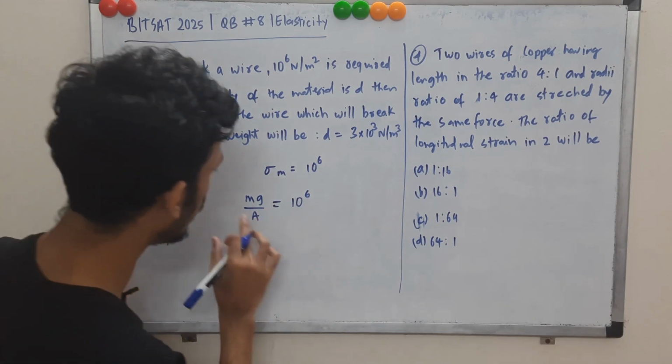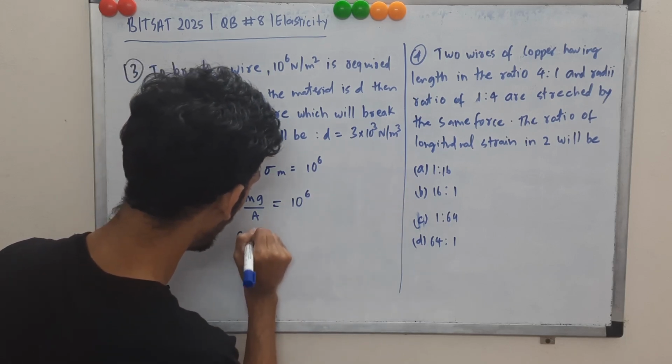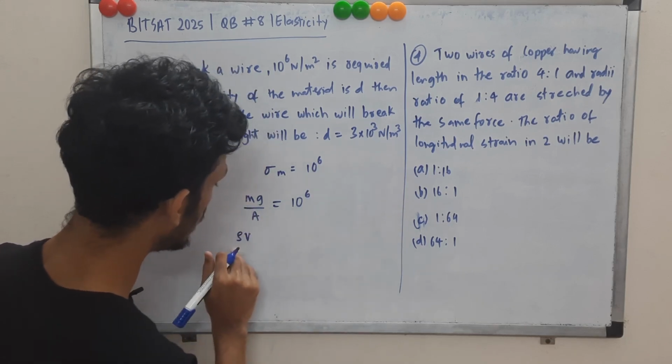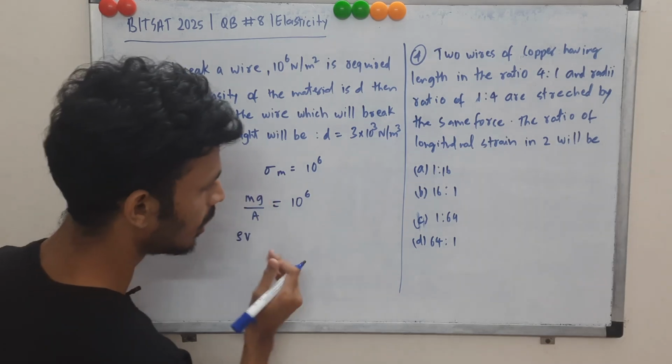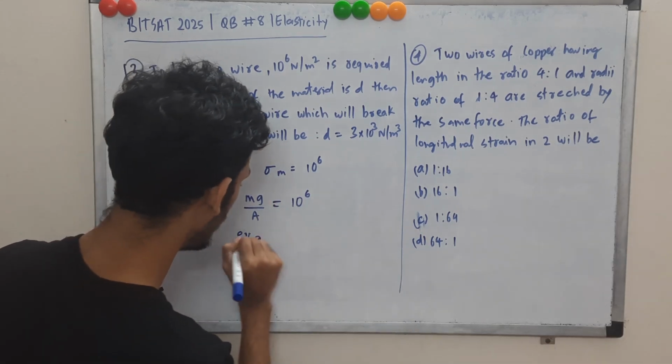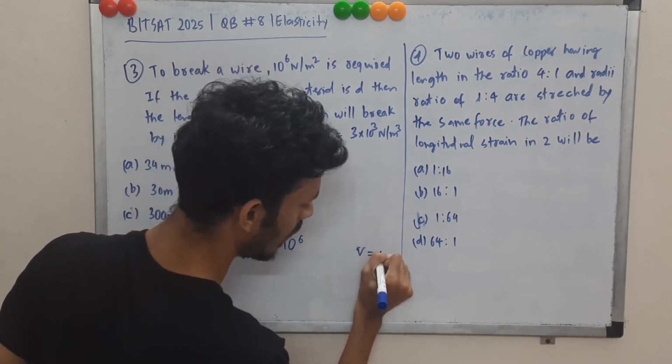Okay, so mg, now mass is not given, but you have density. Mass you can write in the form of density. So mass is density into volume, just like density is mass by volume. Now volume you can write as area into length, right?